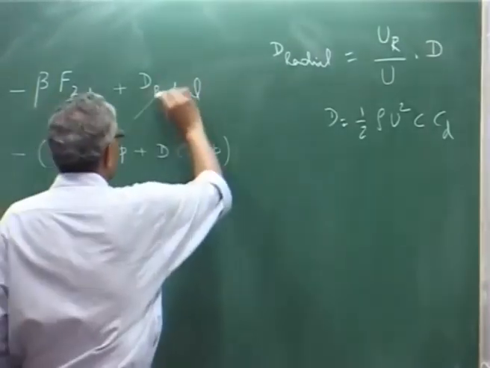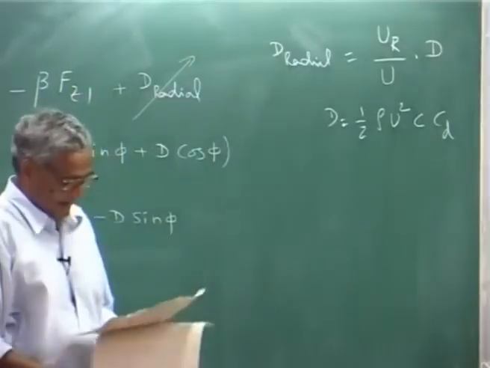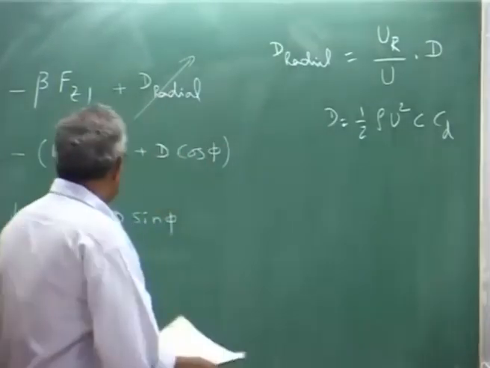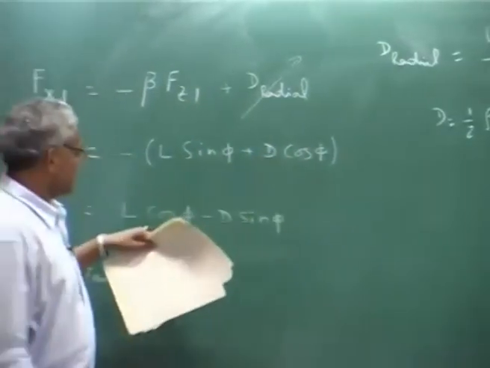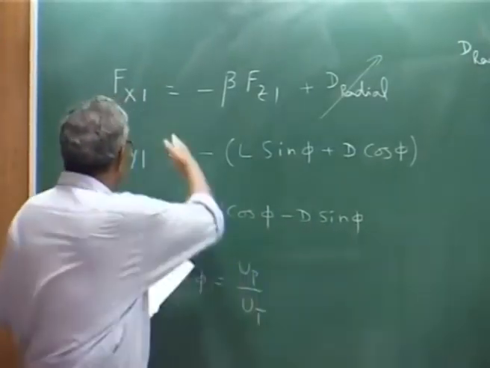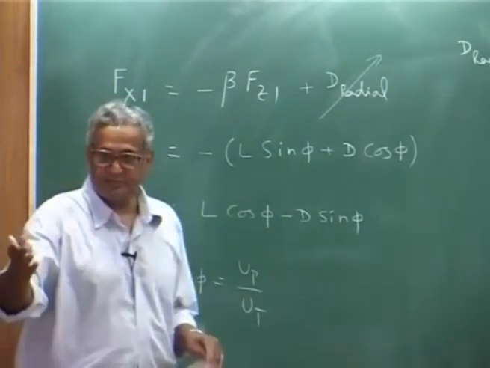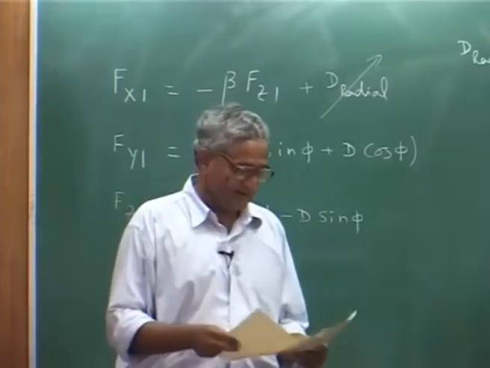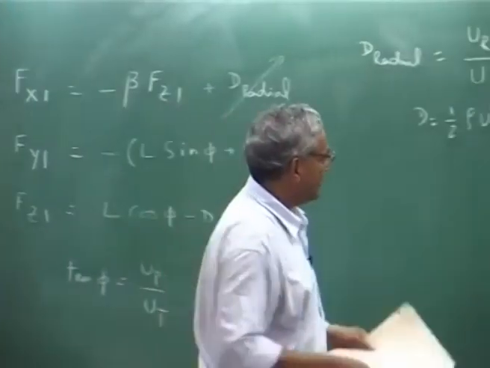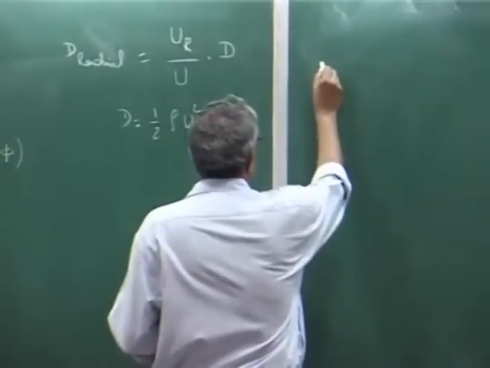Okay. Now, we throw this off, and we have to substitute for lift, drag expressions, and then we know the forces, transfer them to hub loads, which you already did last class. So, our hub loads are hub loads.